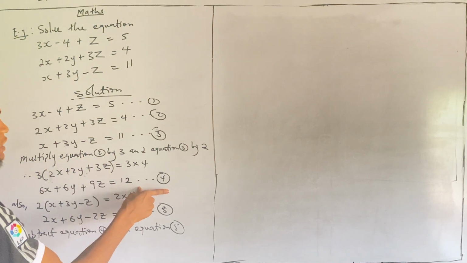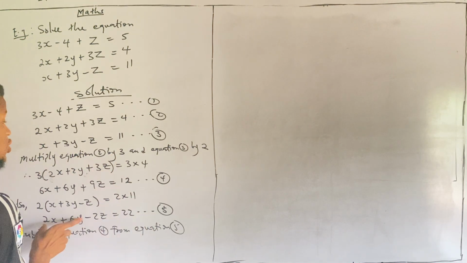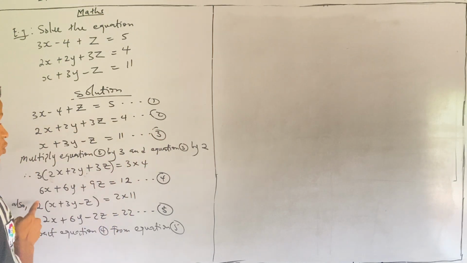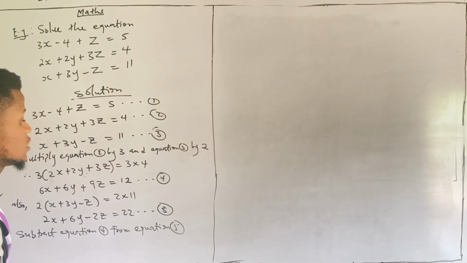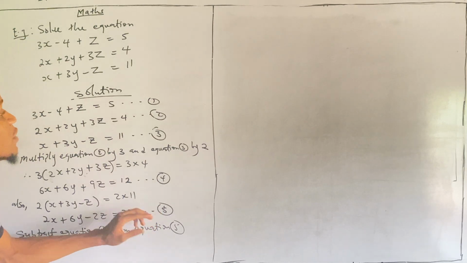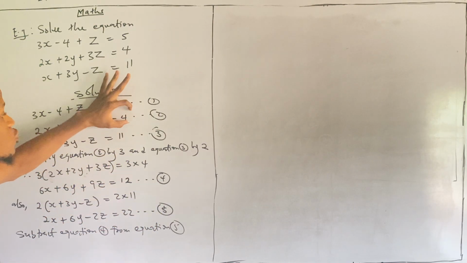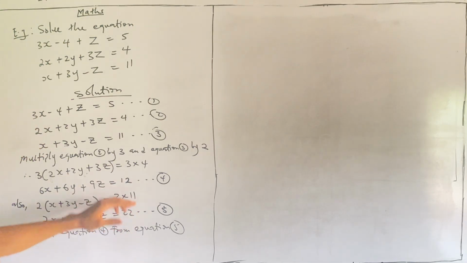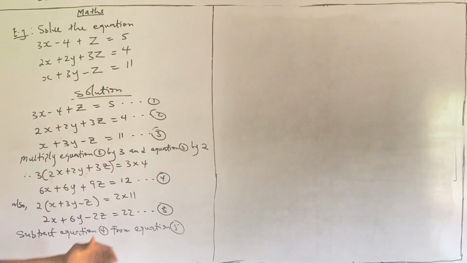And equation 5 is also a multiple of equation 3, because we multiply equation 3 by what? By 2, then we now have equation 5. So bear in mind that equations 4 and 5 are the respective multiples of equations 2 and 3. Both of them are the same as these, just that they are multiples.